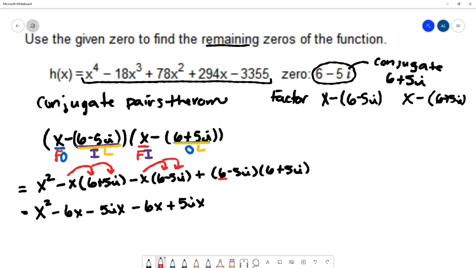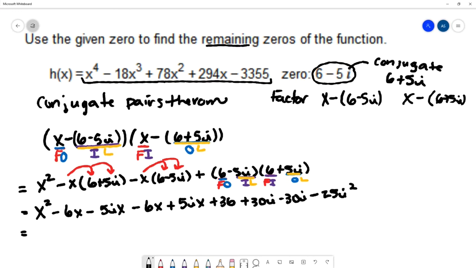Multiplying the first two together would give me 36. Multiplying the outside two together would give me 6 times 5i, and that is a 30i. Multiply the inside two together. That's a negative 5i times 6. That's a negative 30i. And then I'll multiply the last two together. And that's a negative 5i times a positive 5i. That's a negative 25i squared.